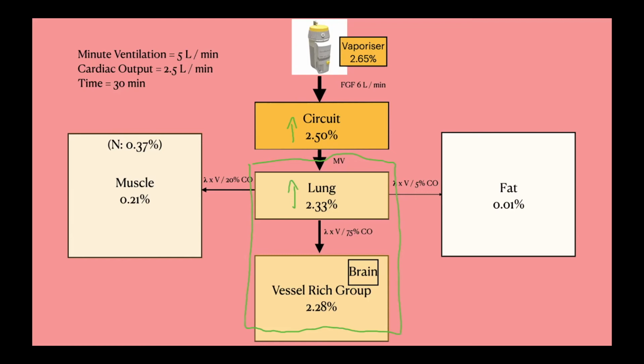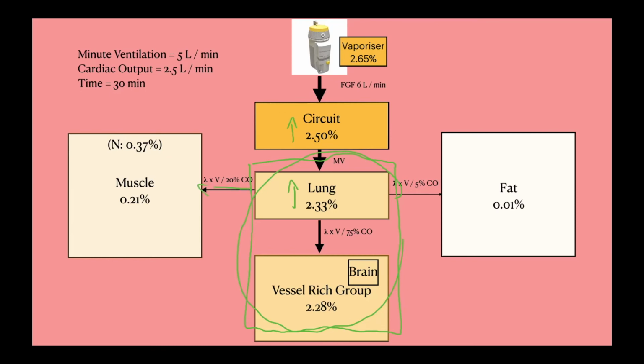And this feeds back to the idea of why a lot of us will use alveolar partial pressure as a surrogate measure of your brain's partial pressure, because even with someone with a low cardiac output, you can reach that equilibration within 30 to 40 minutes, okay?